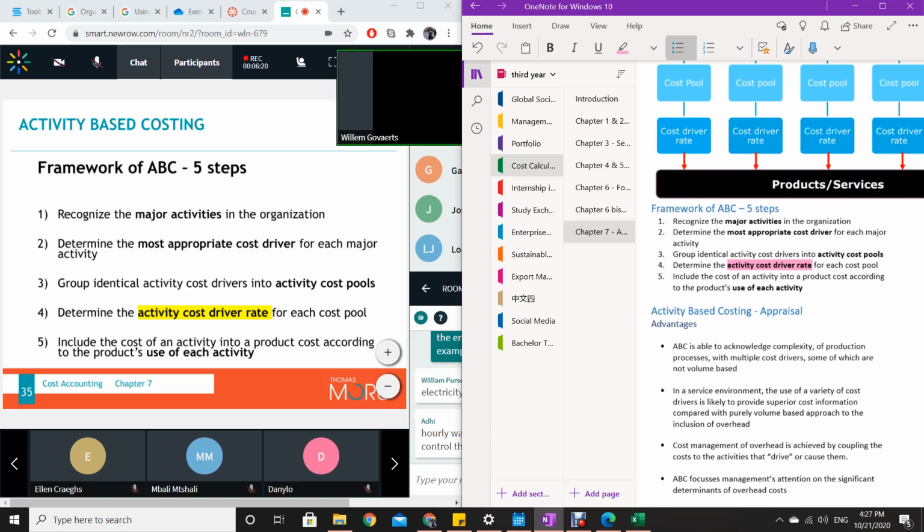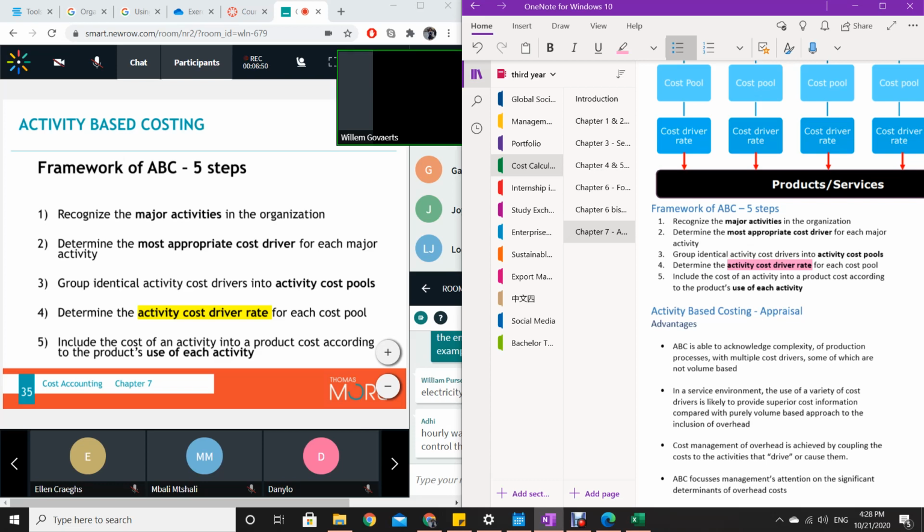Okay, so imagine that you are in a factory where they make two products. You can see it like a car. They make two different types of Fiat 500, and you should find a system to allocate the overheads into these two cars.